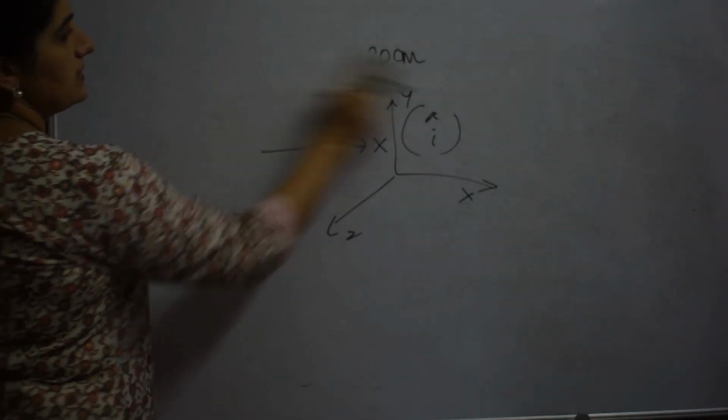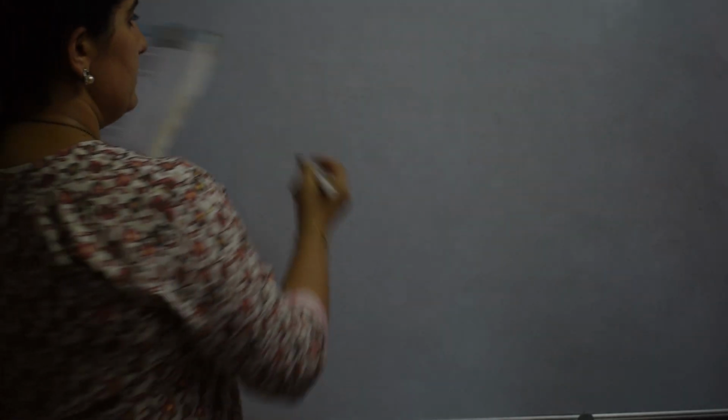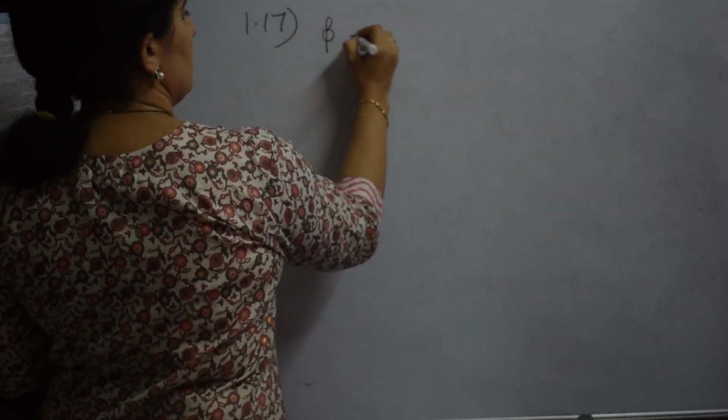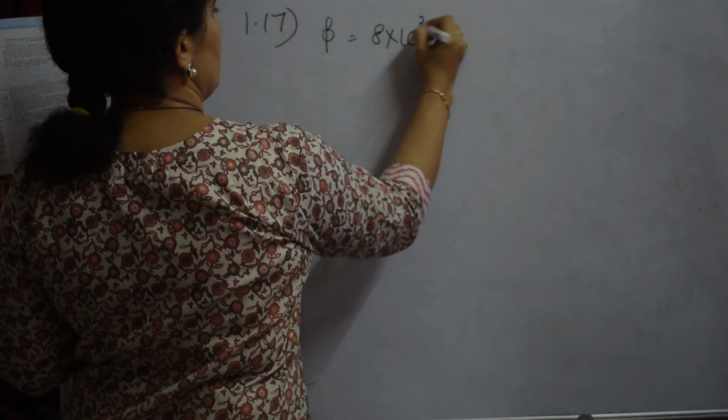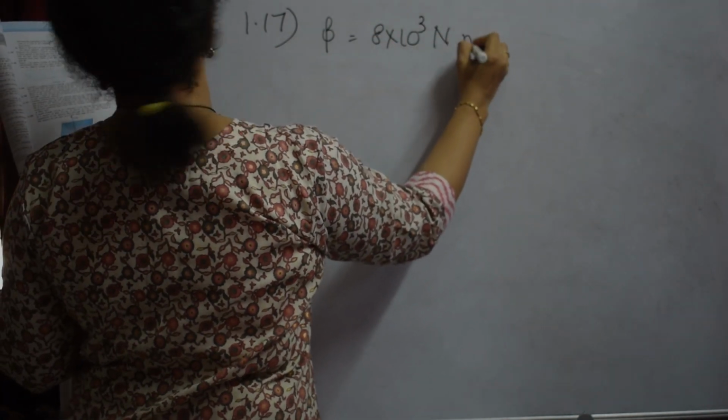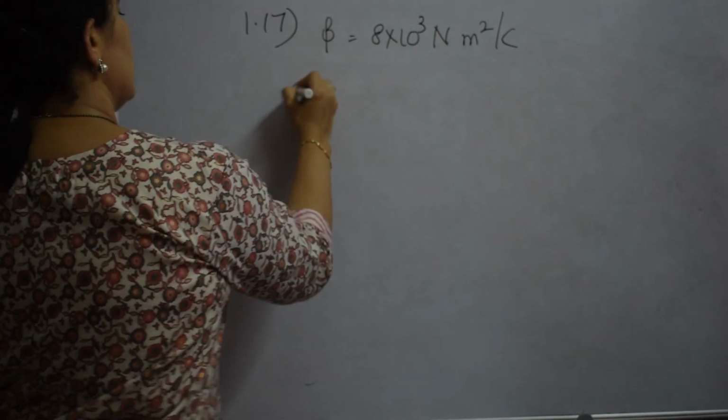Next is 1.17. Careful measurement of the electric field at the surface of a black box indicates that the net outward flux through the surface of the box is 8 into 10 to the power 3 Newton meter square per Coulomb.